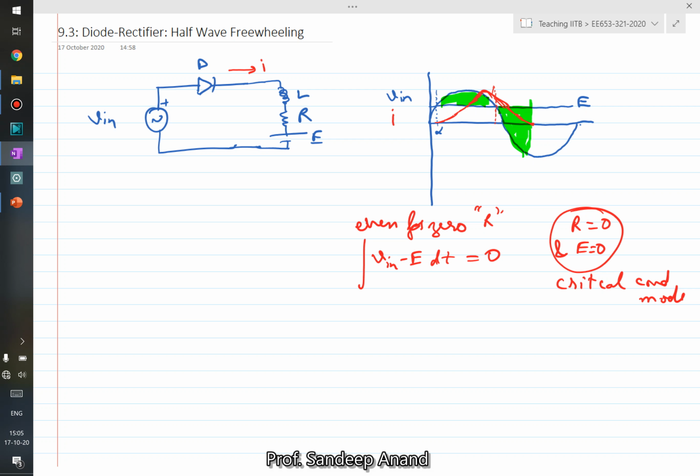The other point is, what about the energy? How is power flowing in this case? The current I is the current which is flowing through the source, right?